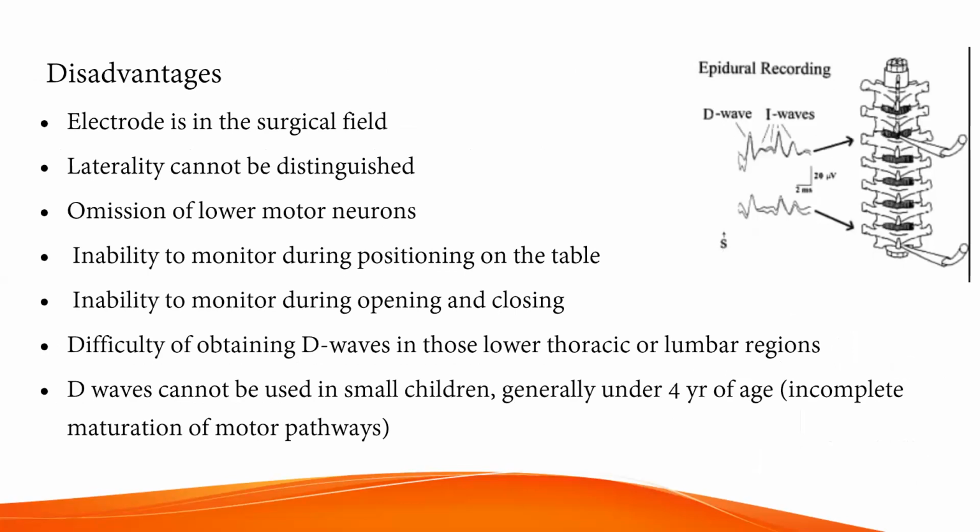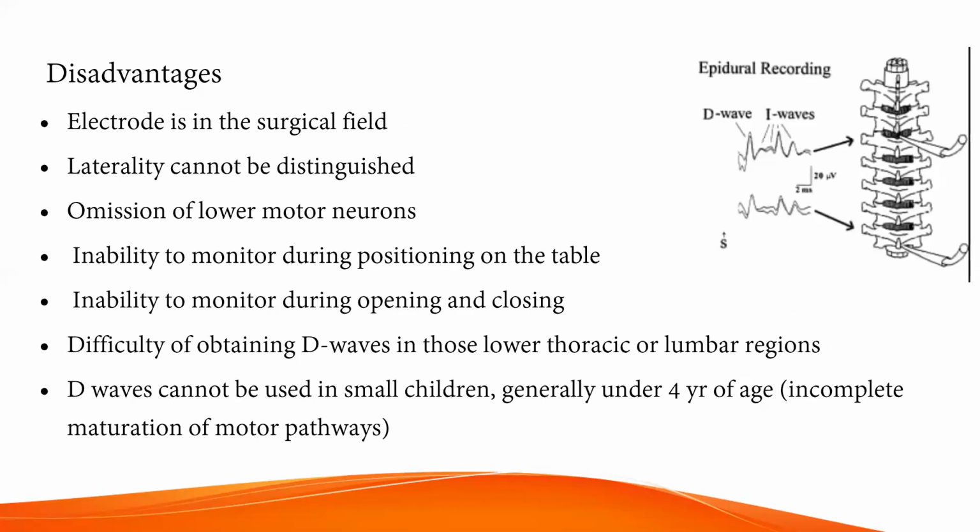It has its own disadvantages, such as the electrode will be in the field of vision, and it is difficult to lateralize which side the pathology is on. Whenever we get variation, we are not able to differentiate whether the right side or left side has the pathology. It cannot lateralize.